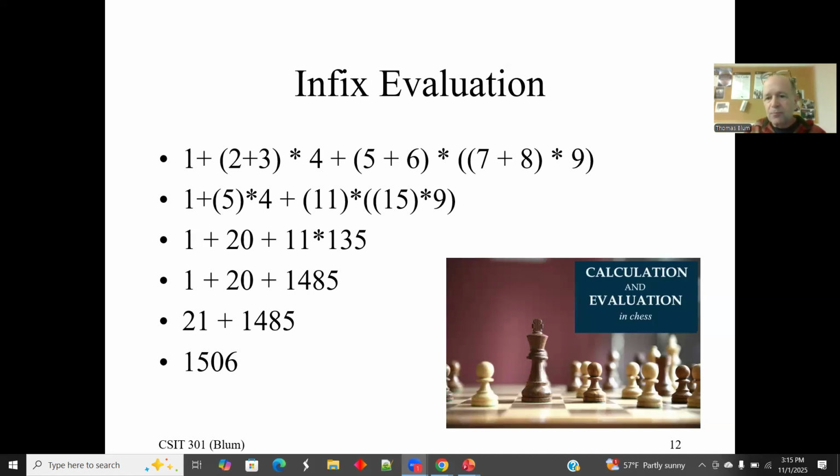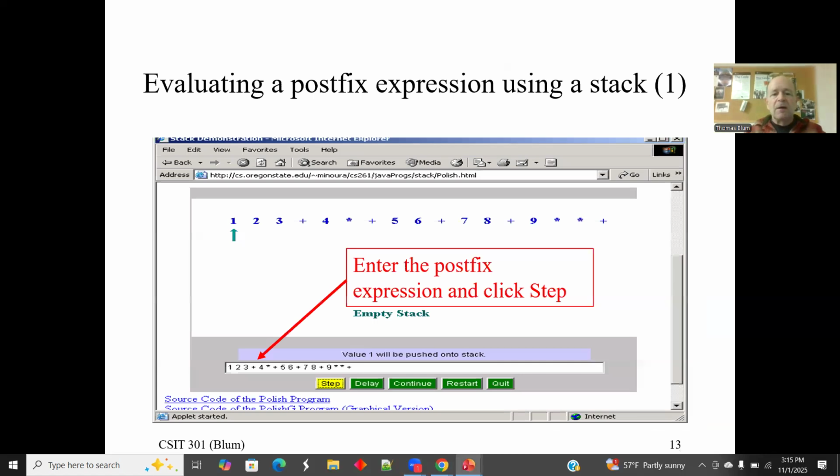Now, I don't think this website exists anymore, but I have these screen captures from before, so I'll step through them, and then I'll show a calculator that I made, but it's limited in that it only does addition and multiplication.